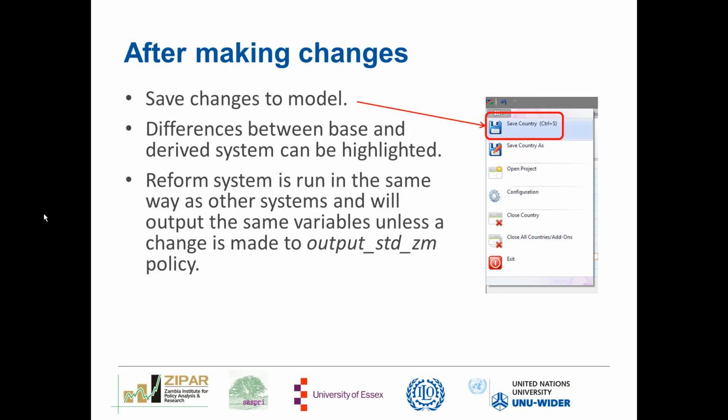And then the last point is that the reform system is run in the same way as other systems and will output the same variables unless a change is made to the output_std_zm policy.